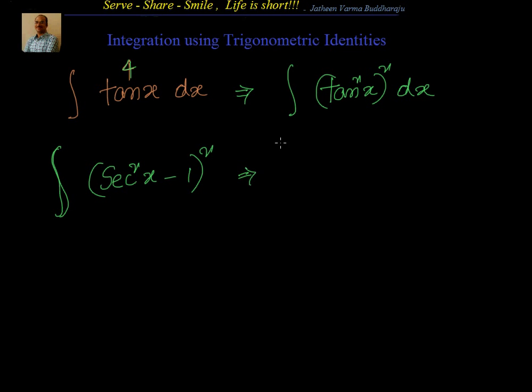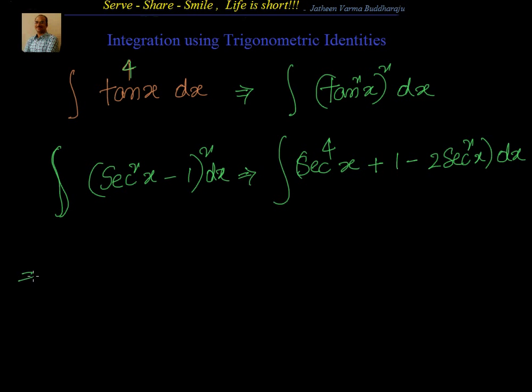Now this is in the form of a minus b whole square, so you know that I can write directly a square, that is secant to the power 4 x, plus b square, that is plus 1, minus 2ab, that is 2 secant square x. So this is what we have to integrate now.